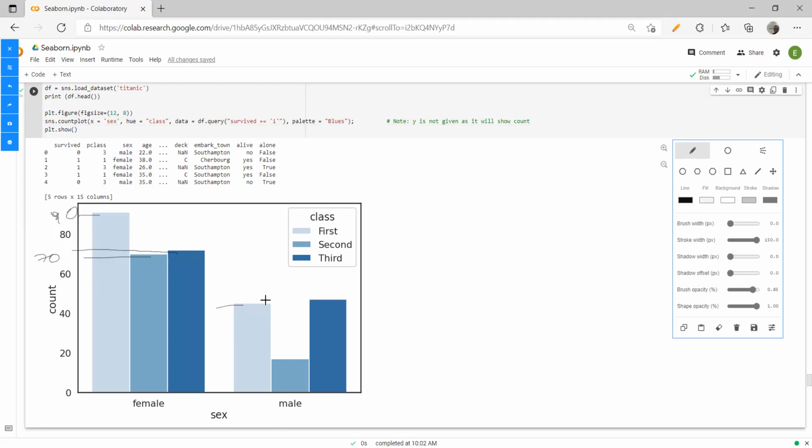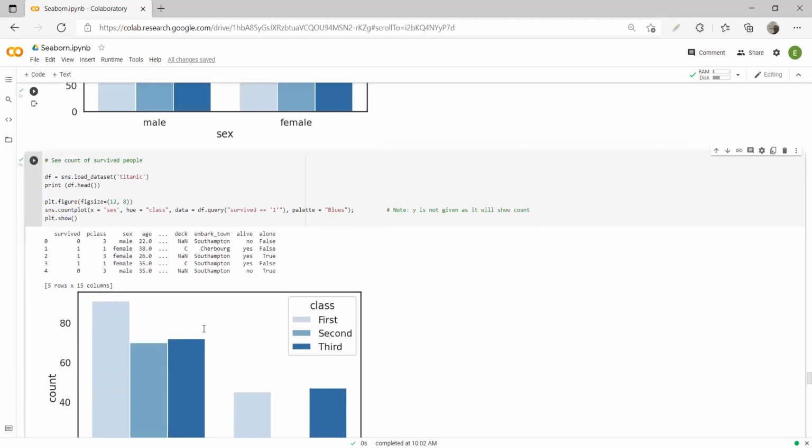Similarly, these many males from first and third class survived, and these many males for second class survived. The number of males in the second class was comparatively less as well. So this is how you can plot. Any questions so far?